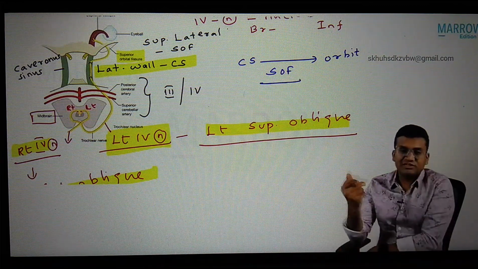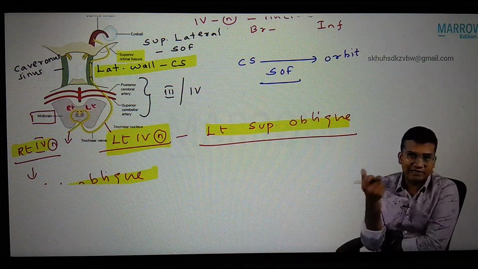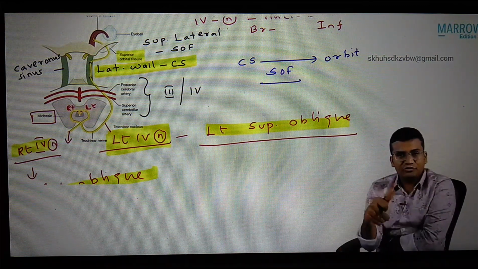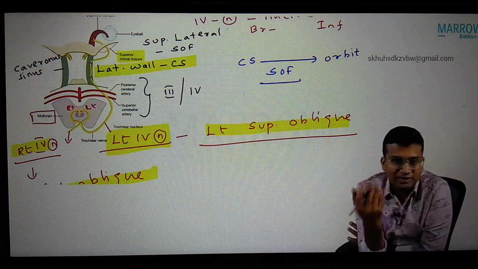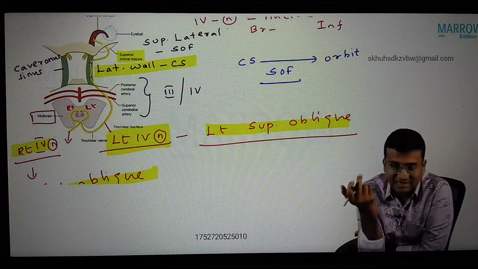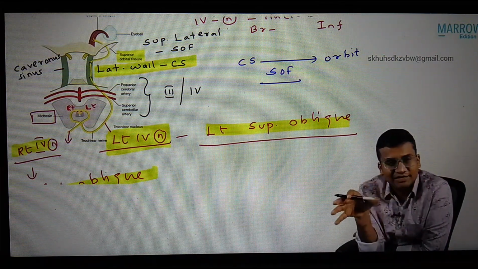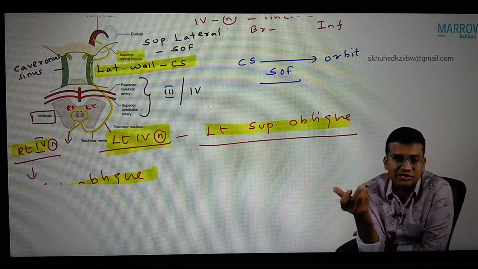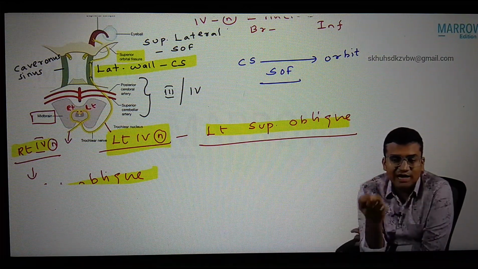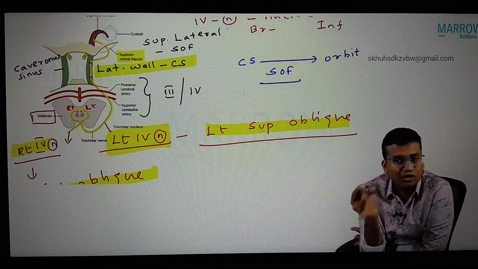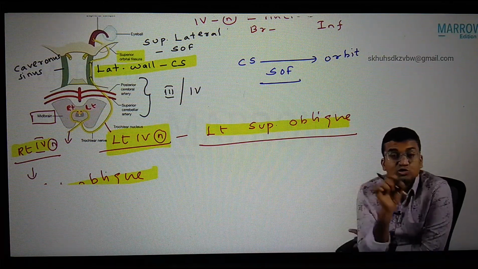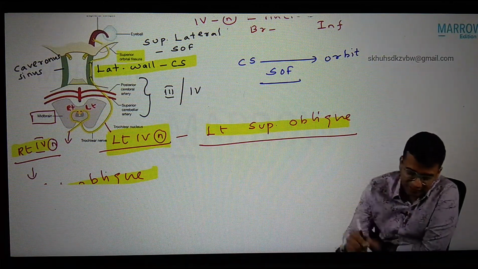In the superior orbital fissure, we have three compartments: supralateral, intermediate and inframedial. In the supralateral part, we have a mnemonic: LFT. The intermediate structures pass through the common tendinous ring, SONIA. So LFT: lacrimal nerve, frontal nerve, trochlear nerve pass through the supralateral part of the superior orbital fissure.